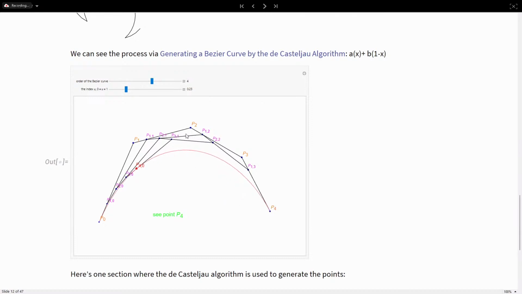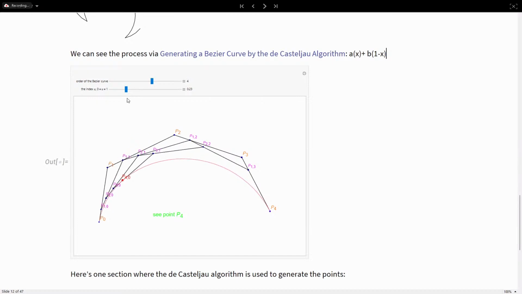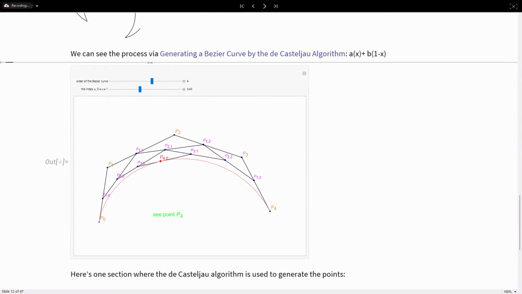So with control points, you can make rather elaborate curves that are very natural looking. And this is actually a fairly fast algorithm. SVG uses this quite a bit for generating vector-based images.